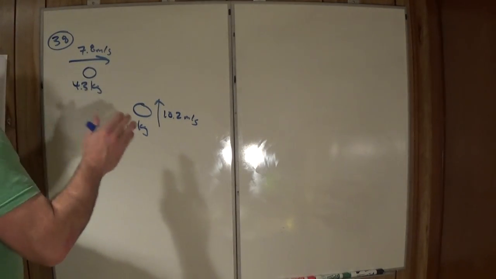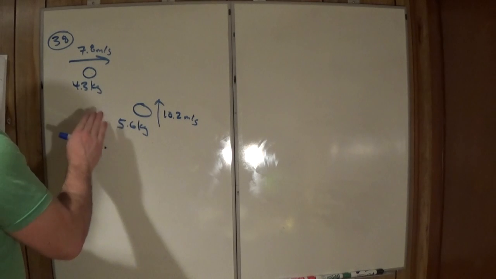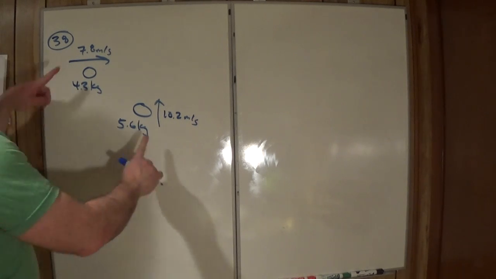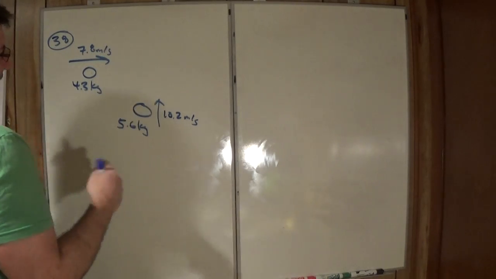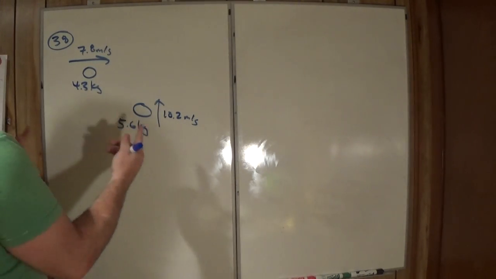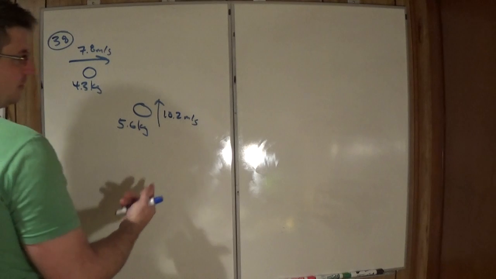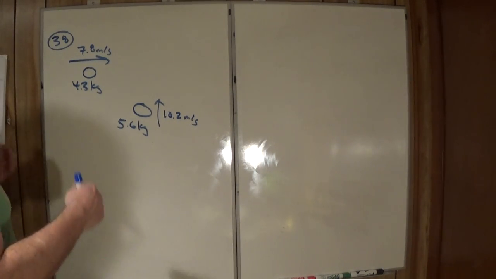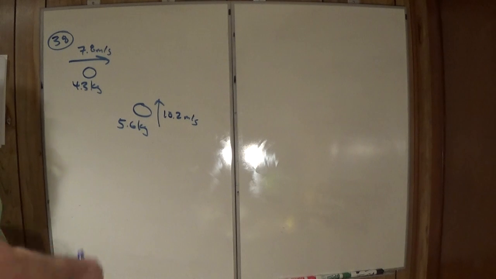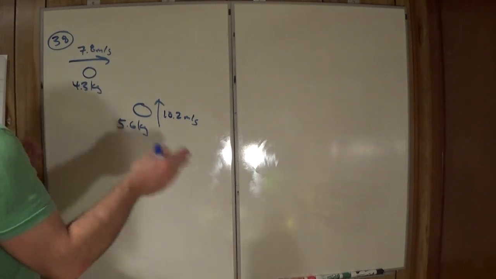But this is a resultant momentum. We can't get a resultant velocity here. Right? We can't just take the two velocities and compose them into a resultant velocity, because this is not two velocities operating on one object, like with a projectile. These are two completely distinct objects, so it's momentum that's conserved here. So we have to get the two momentums and then combine them.